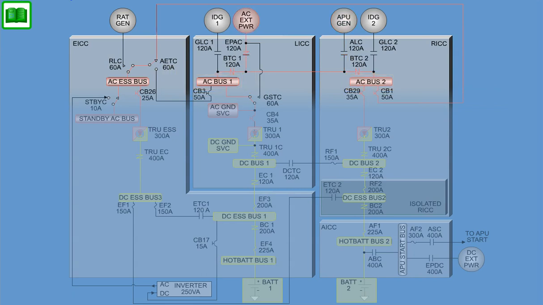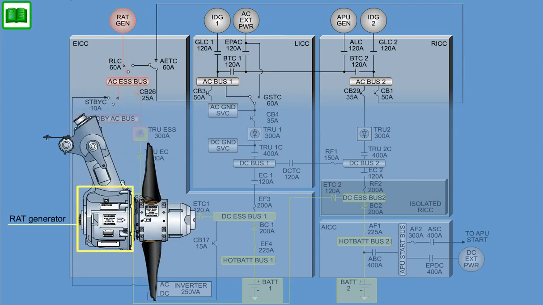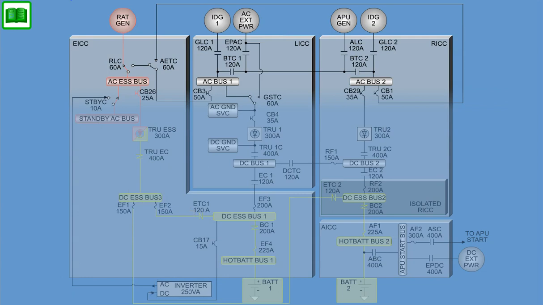External AC ground power can also be supplied to the airplane through the external power AC contactor, EPAC. The ram air turbine channel receives power from the RAT generator through the ram air turbine line contactor and distributes AC power via the AC Essential Bus.